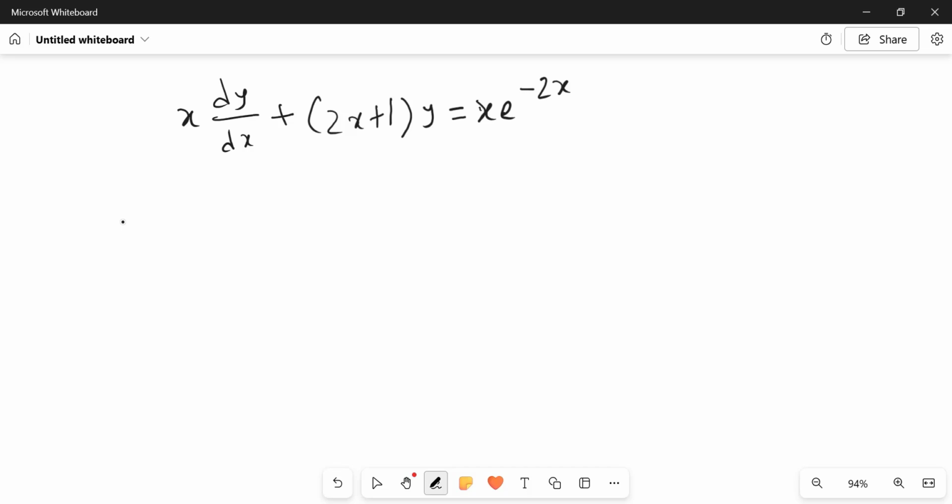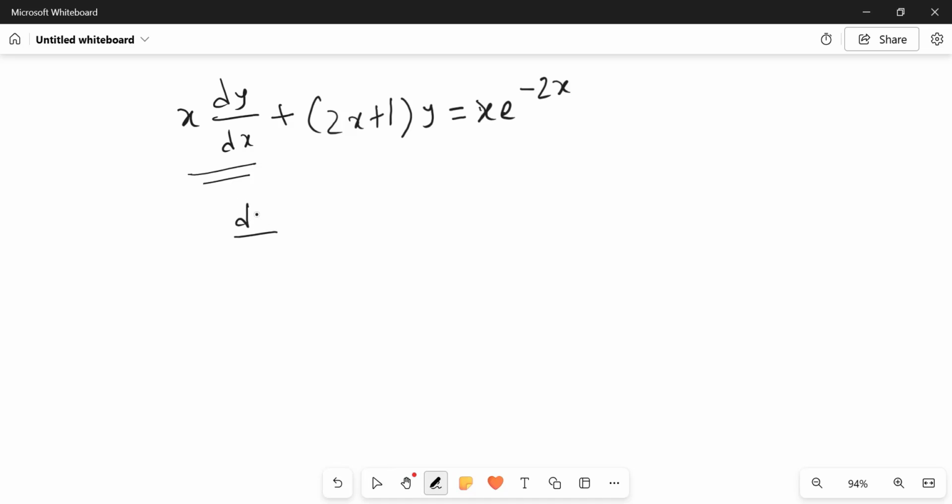So we follow the steps that we learned a little bit earlier. So what were they? First we have to convert it into our standard form. This is not in our standard form, so we have to divide both sides by x, then we'll get our standard form.